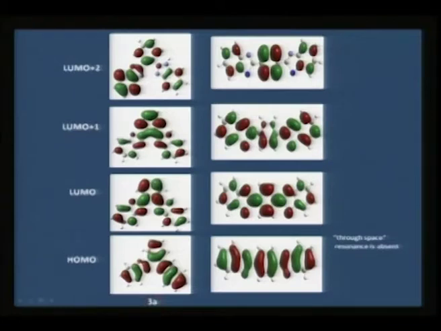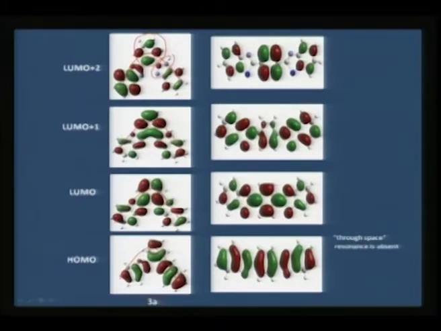Now, if you take the 3A compound, as I told you, the 3A compound does not have two thiazole rings. In one case it is actually imidazole, and in one case it is actually a thiazole ring. If you have such a combination, you would see that there is through bond resonance here and also here, but this resonance is localized and it is not spread throughout the ring.